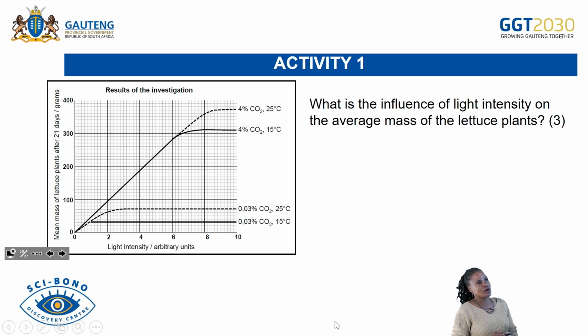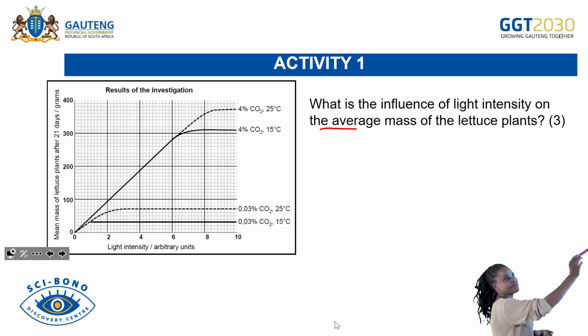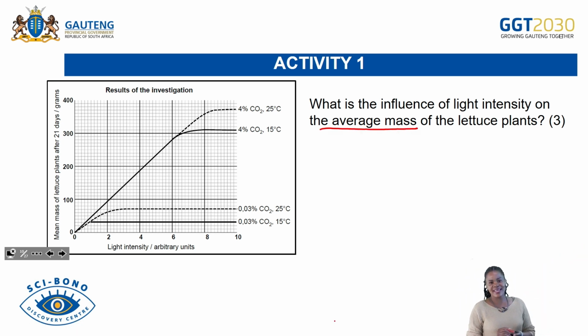What is the influence of light intensity on the average mass of the lettuce plants? I am giving you the chance to answer, grade 11s. What is the influence of the light intensity on the average mass of the lettuce?